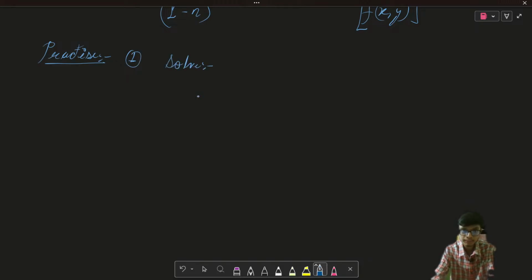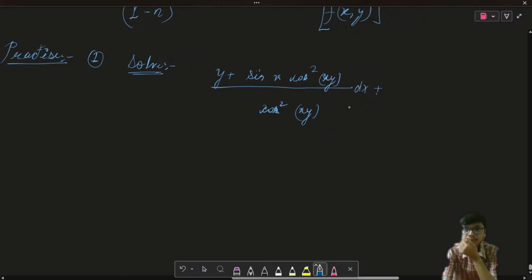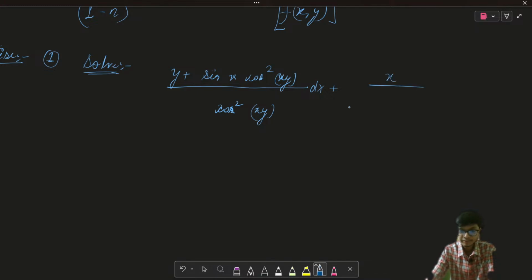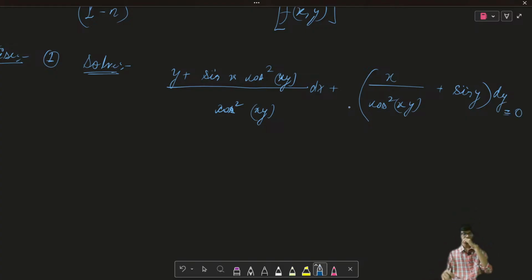Try to solve this following problem: (y + sin x cos²(xy)) / cos²(xy) dx + (x / cos²(xy) + sin y) dy = 0. So please try to solve this differential equation.